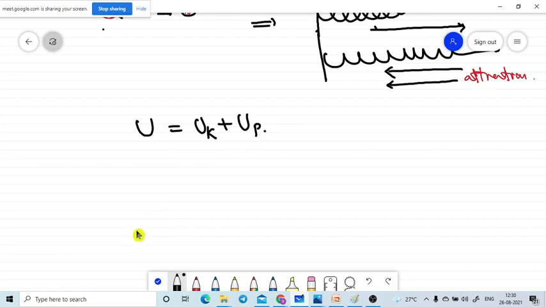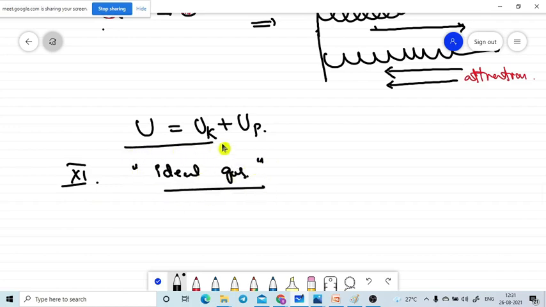But one thing you need to note: at your PUC level, the 10+1 level, we will deal with the thermodynamic system as an ideal gas. We will deal with ideal gas only. This is the original equation. If you want to know the thermodynamic internal energy, we need to know the internal kinetic energy and the internal potential energy.